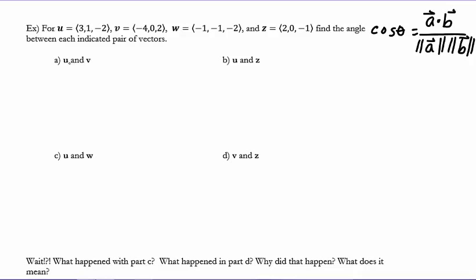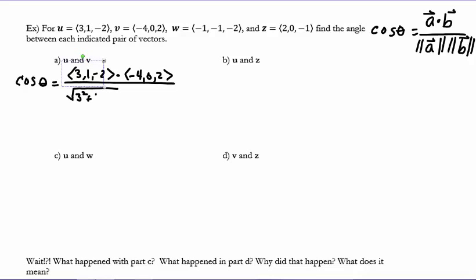So if I want u and v and I want to find the angle between them, cos theta is going to equal u dot v over the magnitude of u times the magnitude of v. And however much work you want to show for this, I can live with. Show enough work that you know what you're doing and that you don't make a mistake.